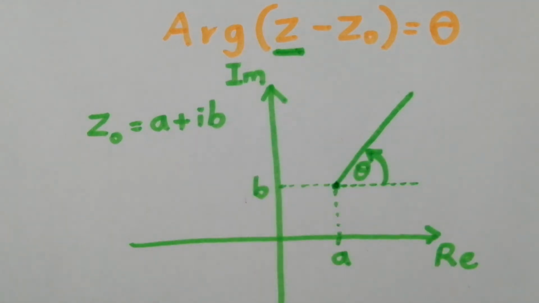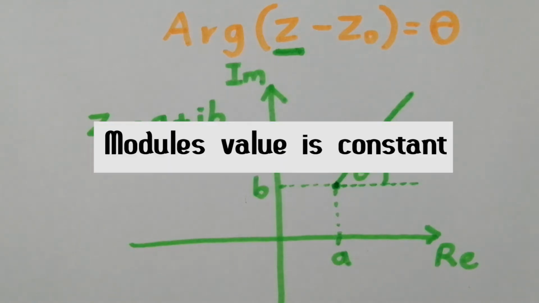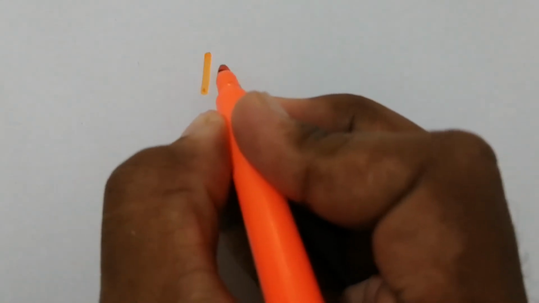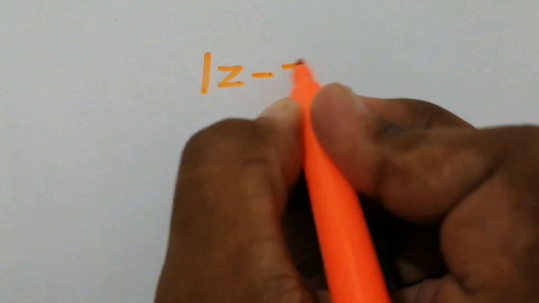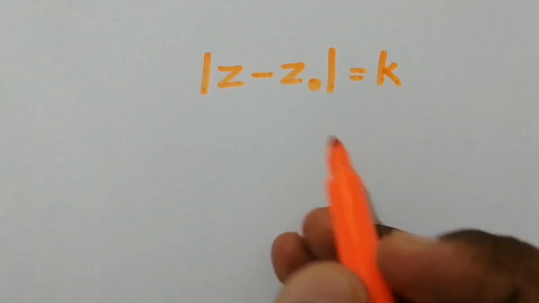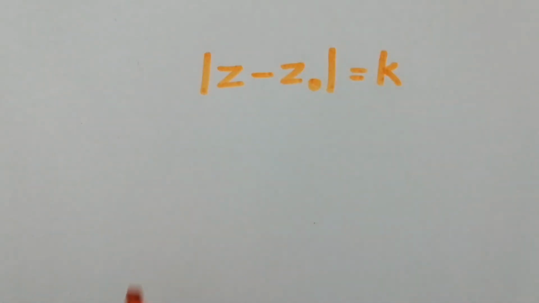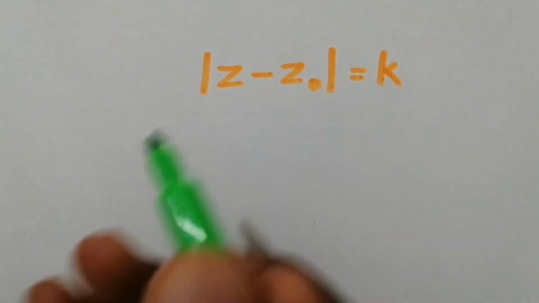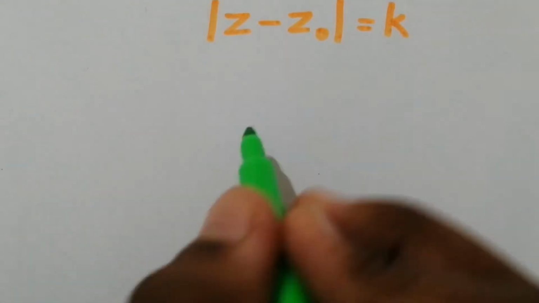Okay. Now the second is when the modulus value is a constant. Example, modulus of z minus z naught is a constant. Here the modulus value is constant. In a similar way, I am drawing the Argand diagram.